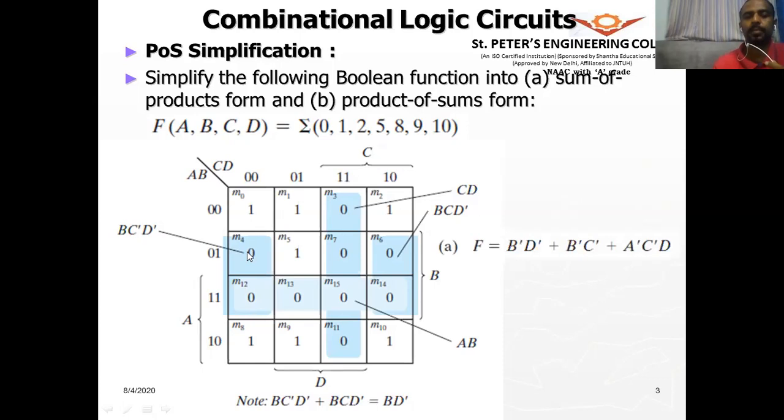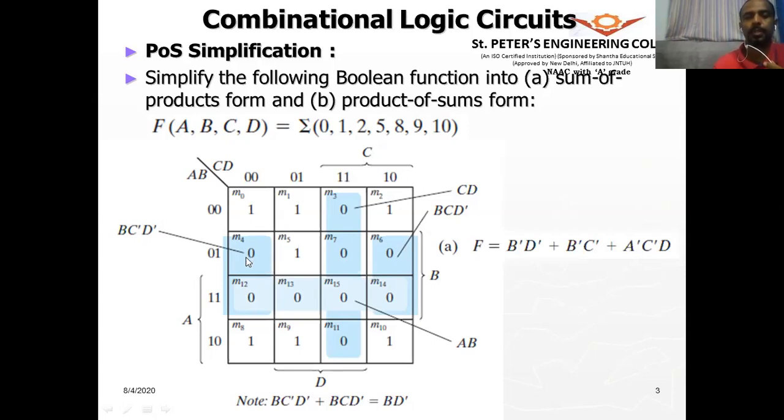This is 4, and this is 4, and this is also 4. By grouping this 4, we get 2 literals eliminated.